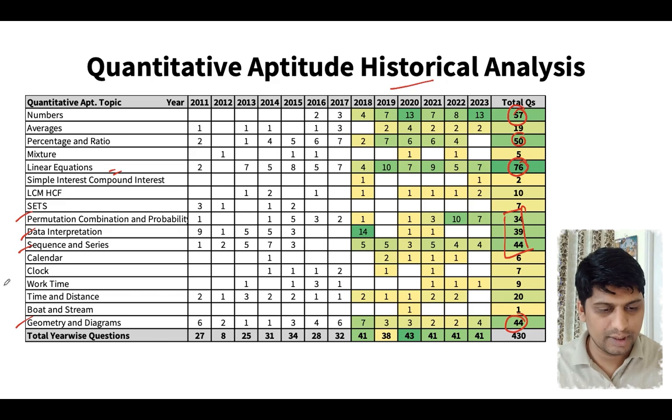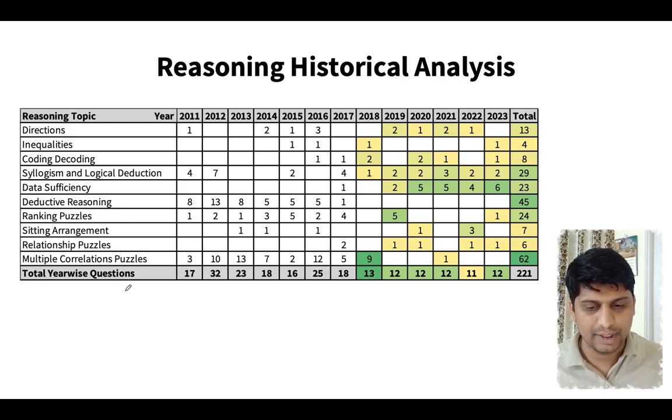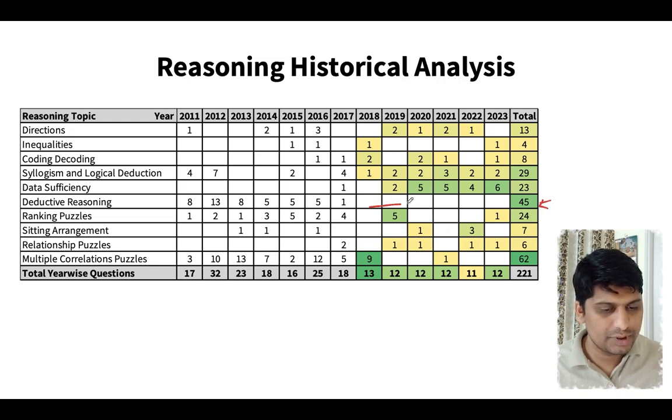Similarly, we have a similar table for reasoning also. Reasoning is a little difficult to break into different topics, however some amount of breakage can be done. For example, this section seems to be important, but there has been no question on that in the last 5 years. Deductive reasoning, so we don't have to pay more attention to this.